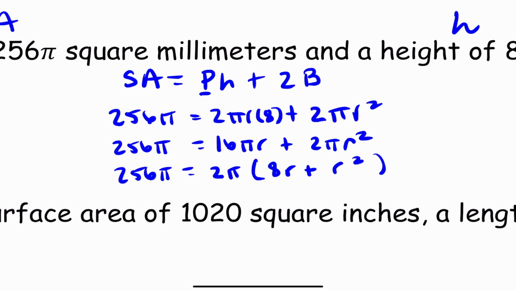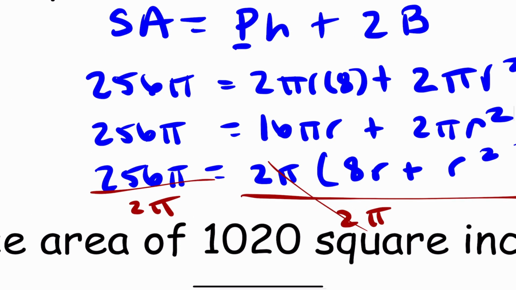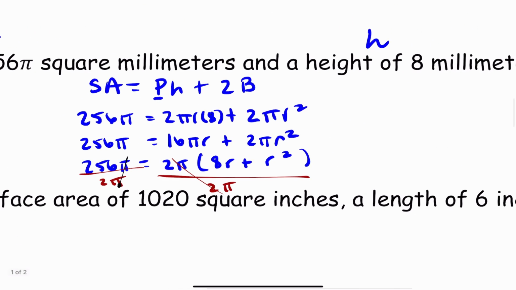All right, so what do I do from here? Okay, so I have this times this quantity. I'm going to divide both sides by 2 pi. And 256 pi divided by 2 pi, well, we know that the pi's do cancel, so 256 divided by 2 is 128.